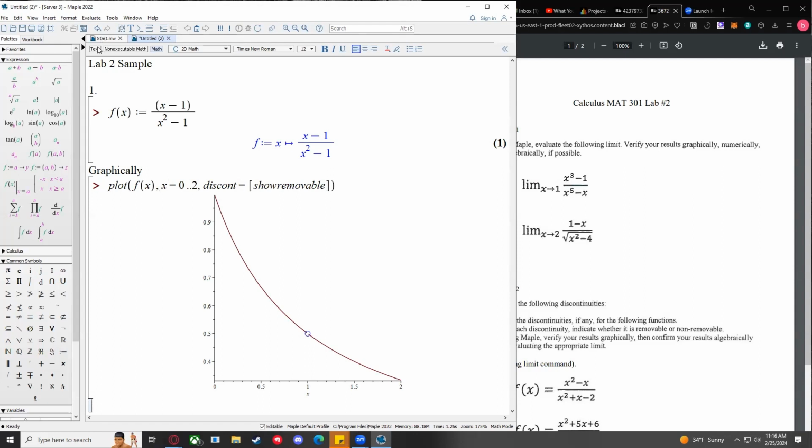So I could say the limit as x approaches 1 for f of x is about half, right? Because this looks like when we're at 1, we're about at 0.5 or half with the y value.